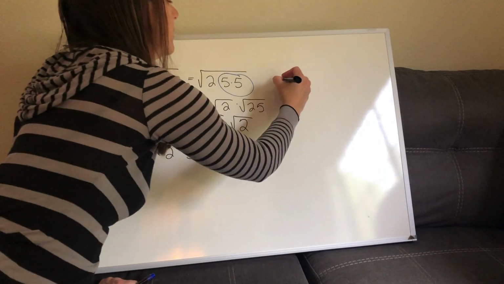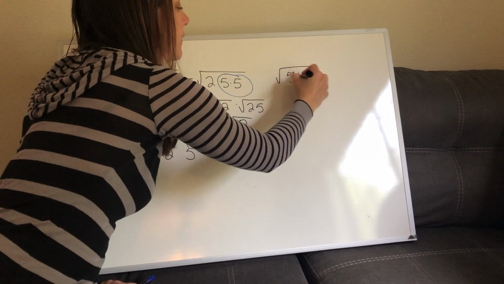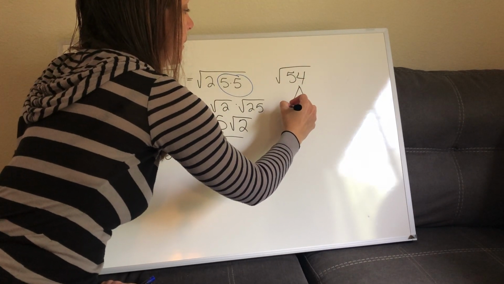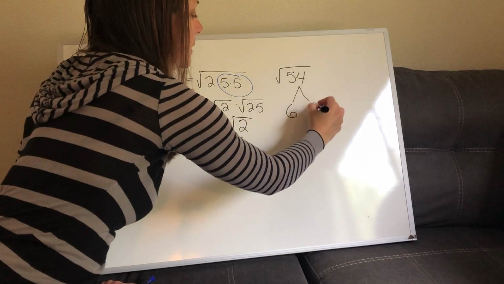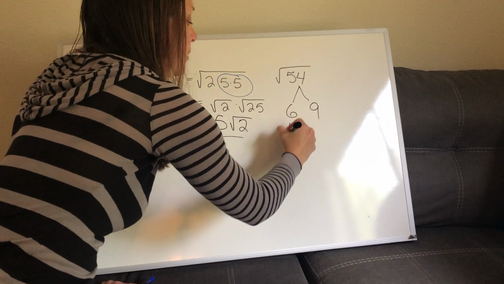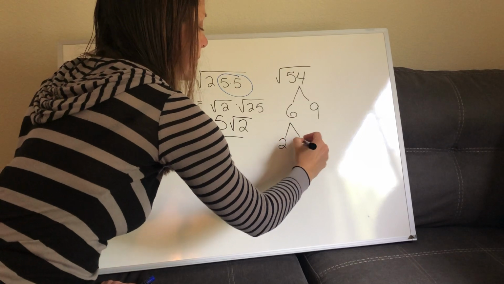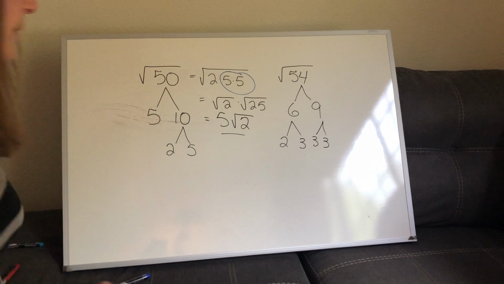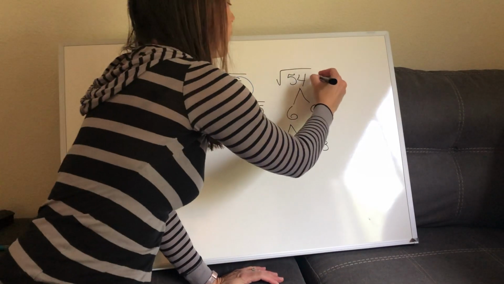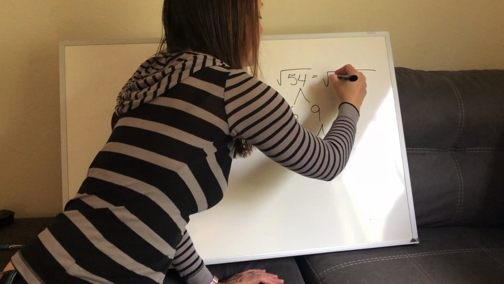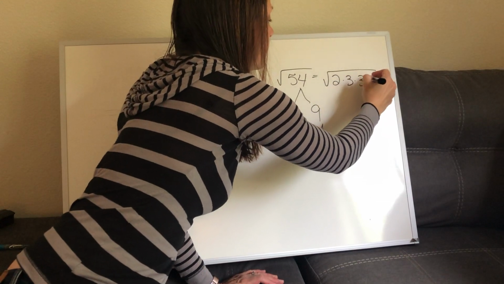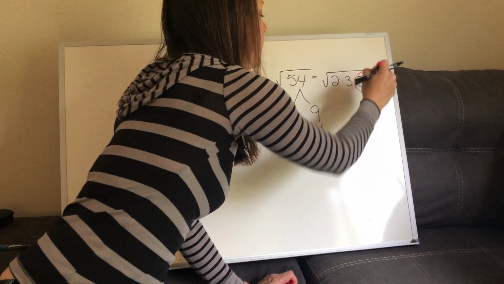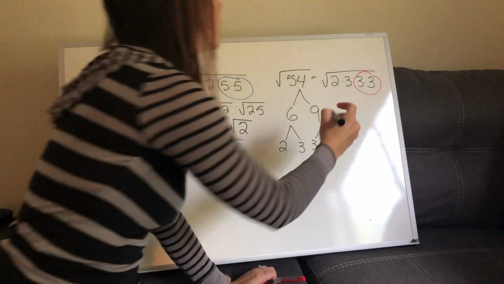All right, let's try another one. Square root of 54. Well, what do I have? I have factors of that, 6 and 9. Okay, both of those can break down some more. That's 2 times 3, and that's 3 times 3. And those leave me with all primes. So, okay, well, I see one pair there, but then I don't have a pair for either of those.